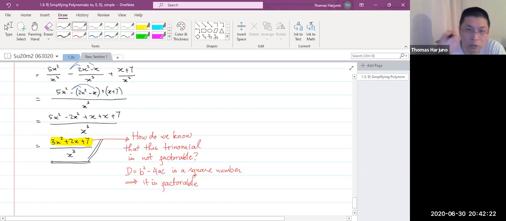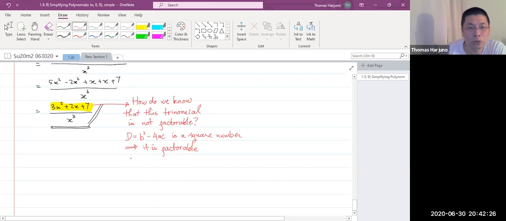Okay, so if it is not a square number, it's not factorable. Let's see. B squared minus 4ac, that's the discriminant. That's 4 minus 84. That's a negative number, of course, therefore it is not a square number.